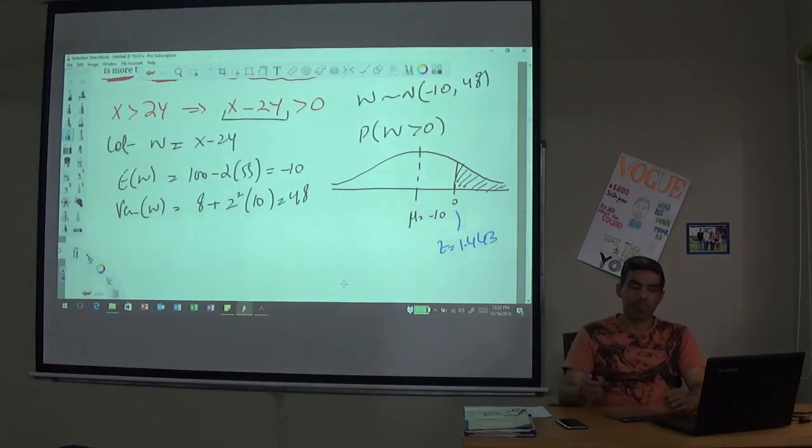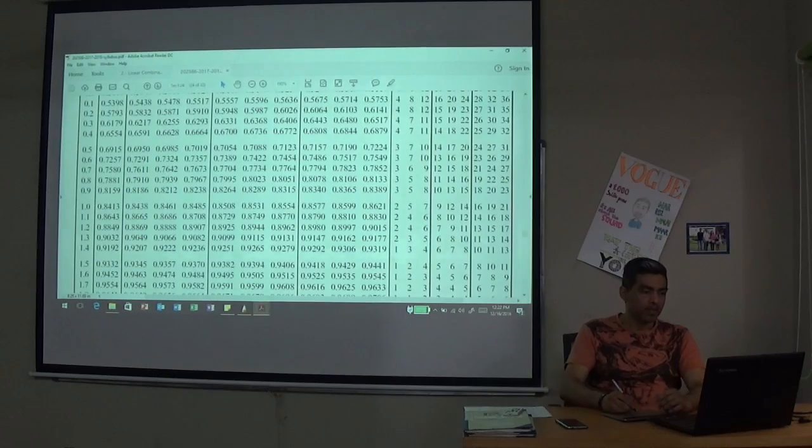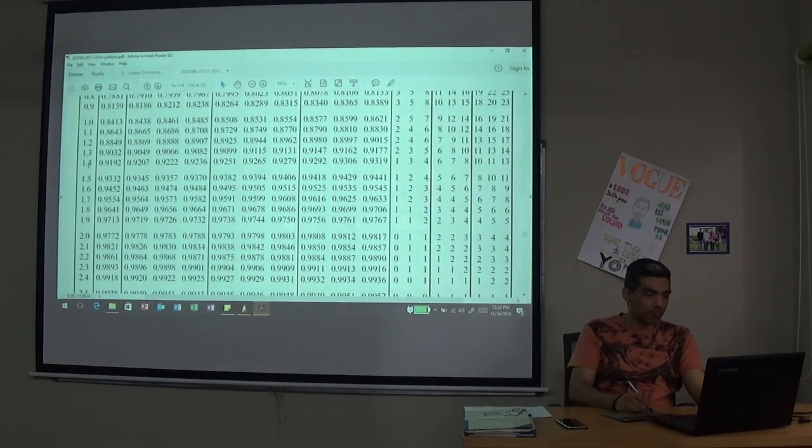Should we check the table? 1.443. Let's check the table for 1.443. So 1.44 is here. This is 1.44. 1.443. So 1, 2, 3. Add 4 to it. 0.9255. Can you all see that?